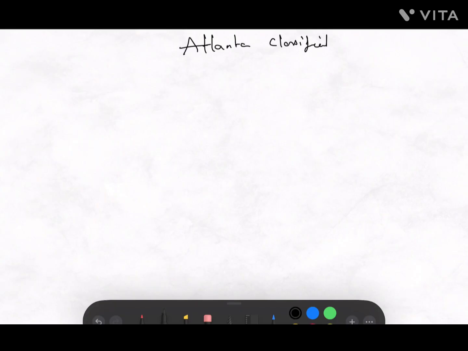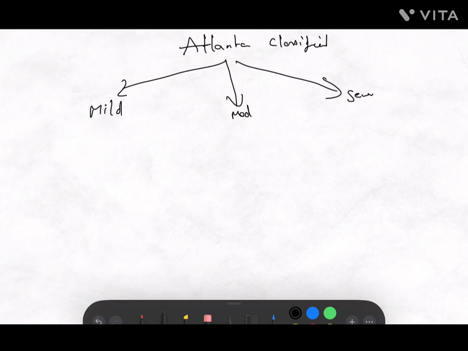Why is it important? Because we are dividing into 3 different types of severity: one is mild, next moderate, next severe. In mild cases we can see no organ failure.